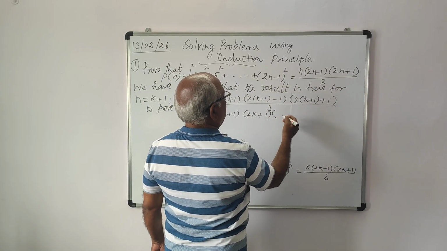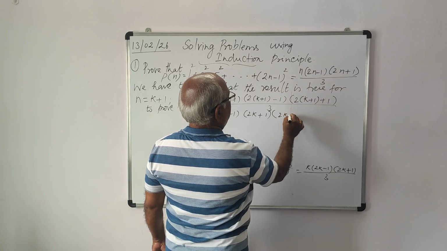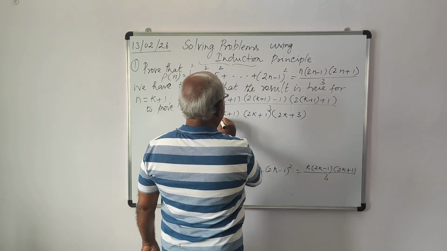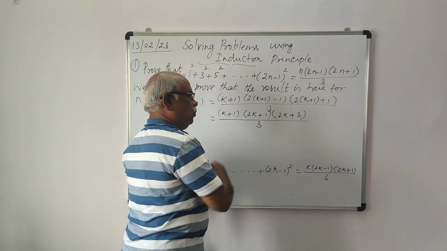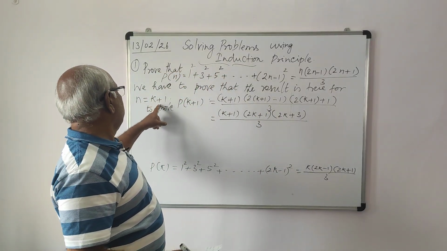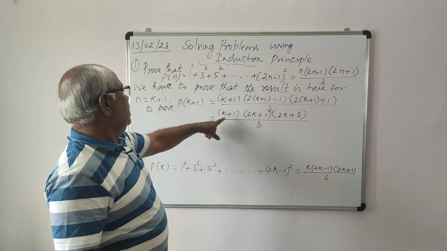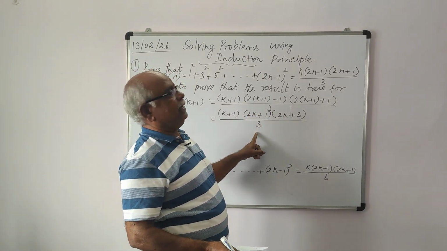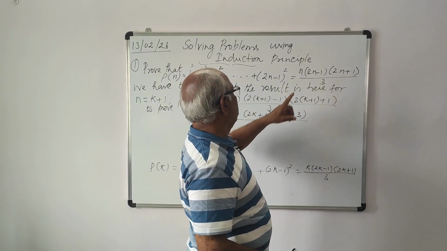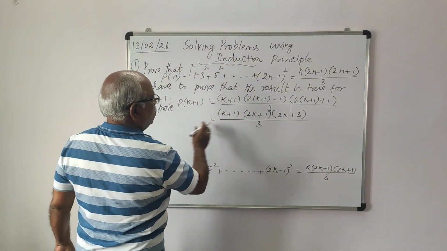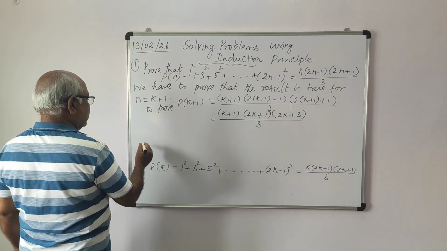Similarly, 2 into k, 2k plus 2 into 1 is 2, 2 plus 1, 3 by 3. This is what we have to prove on the right hand side. For n equal to k plus 1, P of k plus 1 means k plus 1 into 2k plus 1 into 2k plus 3 by 3. Instead of k, you can substitute k plus 1.